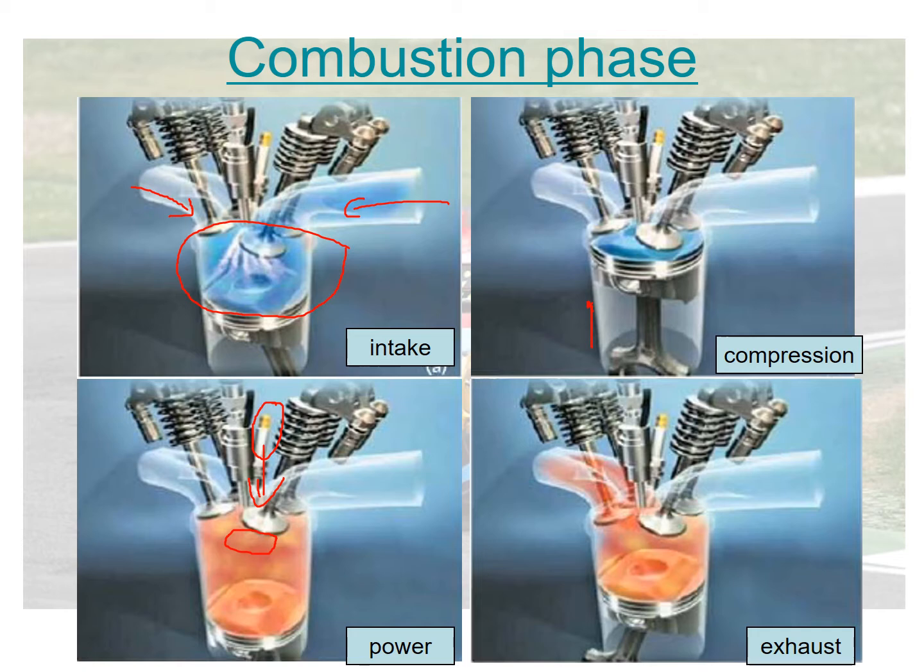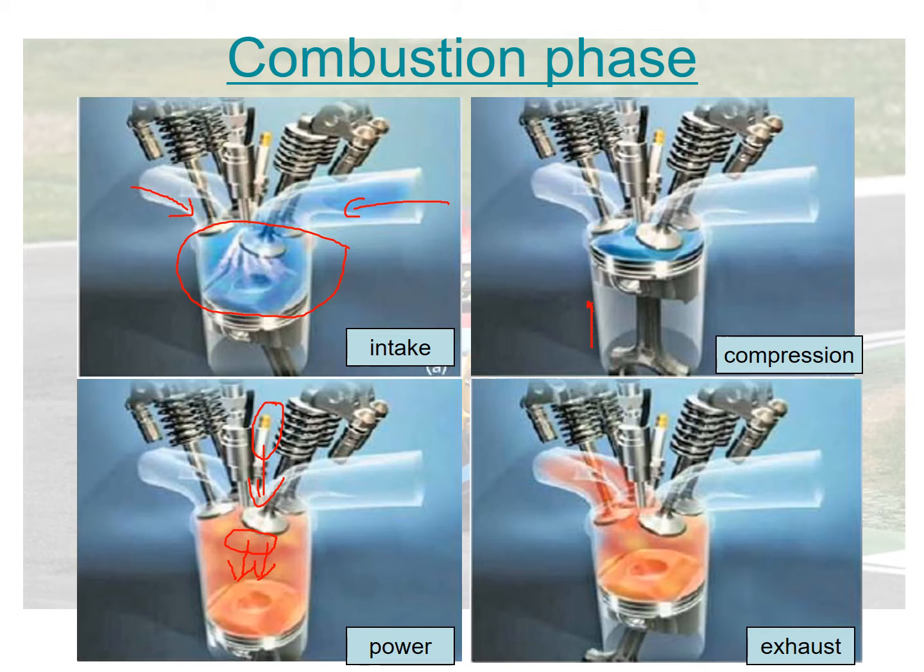And due to this combustion, the heat and pressure from the combustion will force the piston to go downwards. But the piston, because it is a rotation, will go up and down, and this force is forcing the crankshaft to rotate.